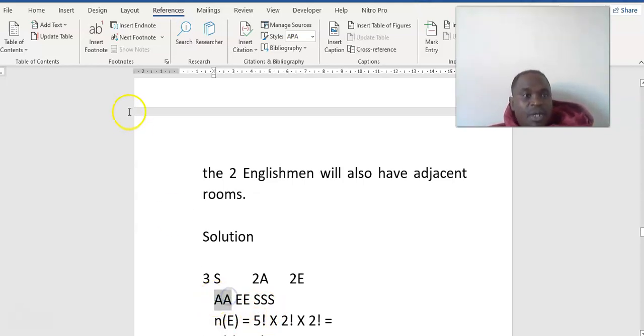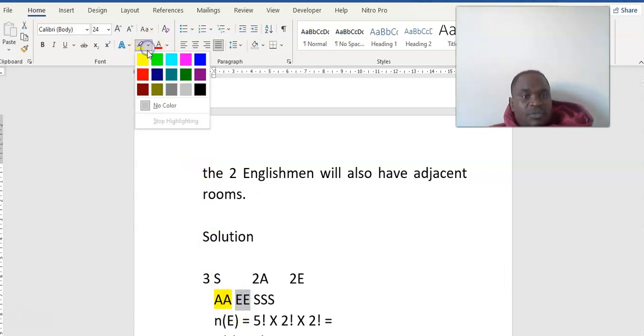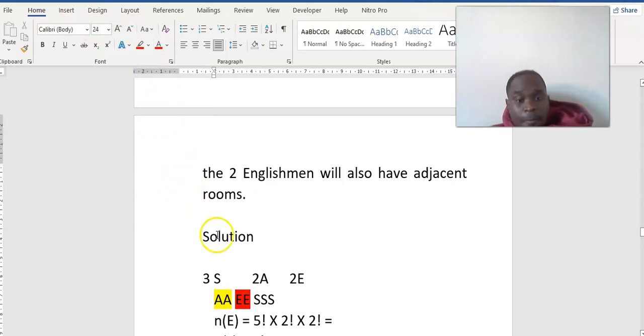So these ones are a block. Let me put them together as a block. This is a different block. Now, I'm counting them as 1. So 1, 2, 3, 4, 5. 5 factorial. Now these 2, I can swap them around.